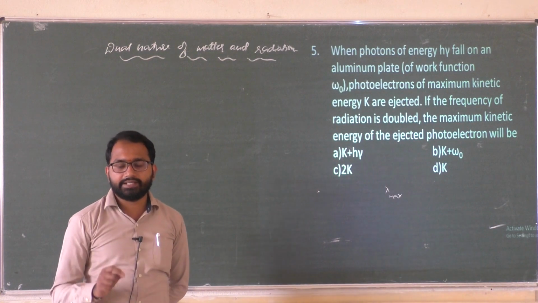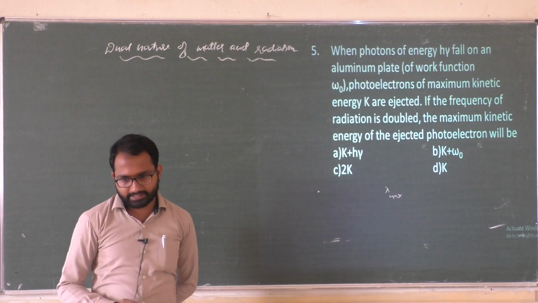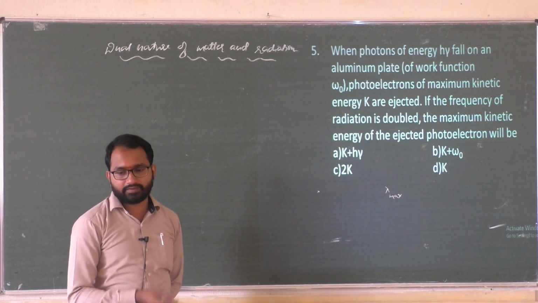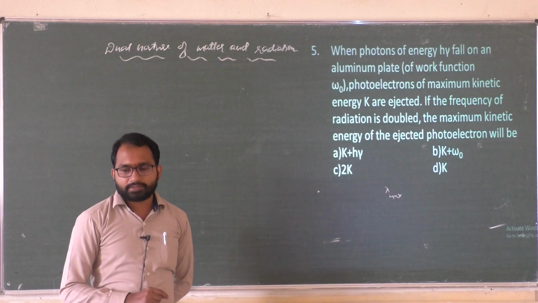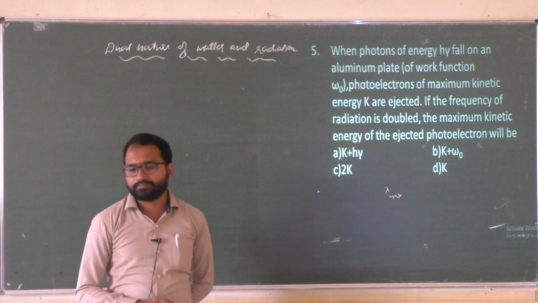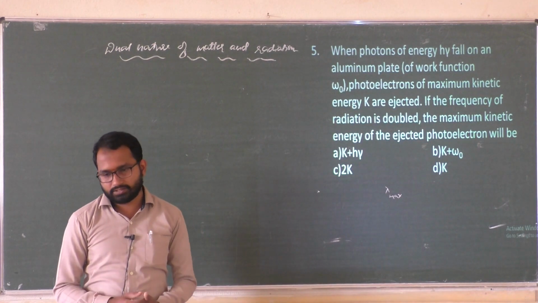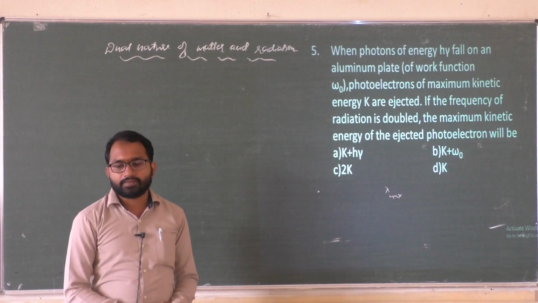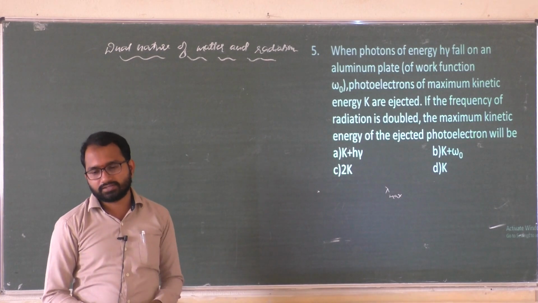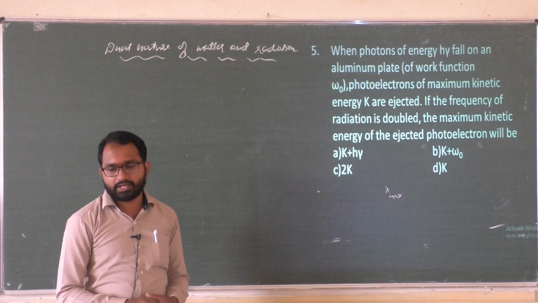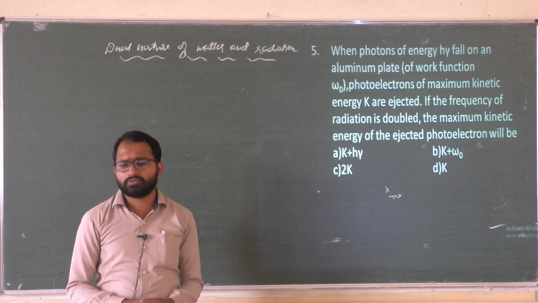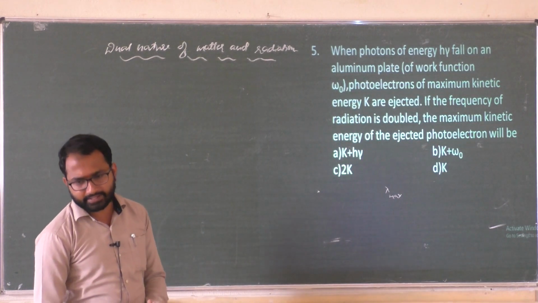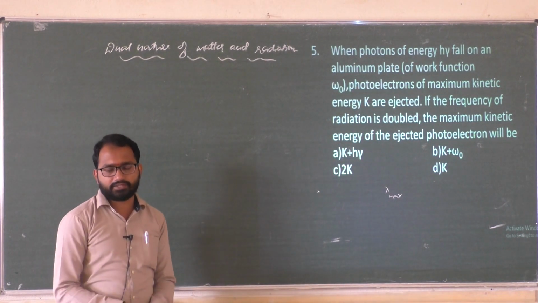In terms of the initial kinetic energy and the energy of the incident photon, the first option is K plus h nu. Option B, K plus omega naught, in terms of the initial maximum kinetic energy and the work function. C, twice the initial value, 2K, and the fourth option is K, that remains the same, maximum kinetic energy is not changing. So which option is correct?